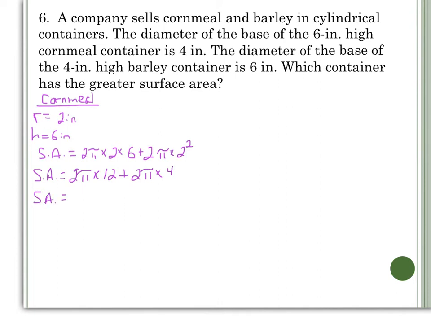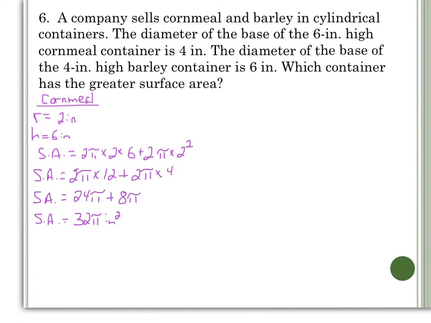So simplifying, we have 24 pi plus 8 pi, or 32 pi inches squared. And I'm just going to leave my answers in terms of pi since we're just comparing the two to see which one has a greater surface area.